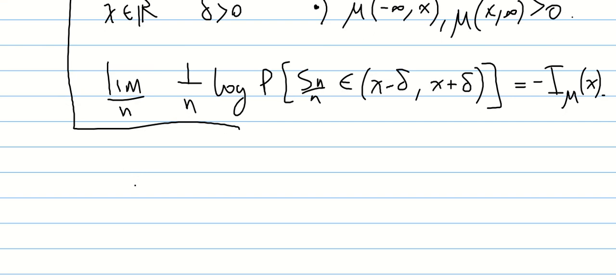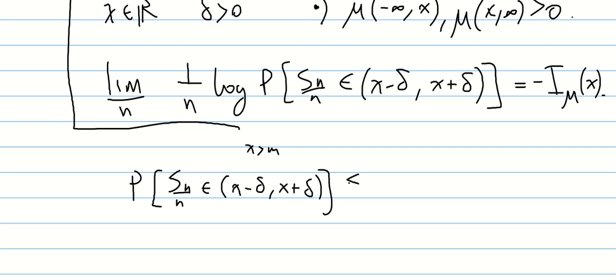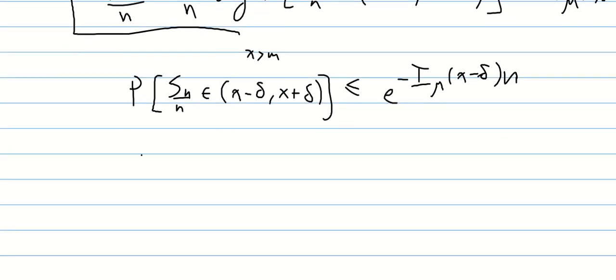You remember that the probability that Sn over n belongs to (x minus delta, x plus delta), at least for x bigger than m, we knew was smaller or equal than e to the minus I mu of (x minus delta) n. This is what we obtained from the upper bound. Of course, we can take logarithms on both sides, it's a monotone function.